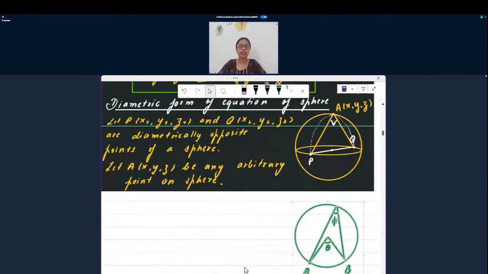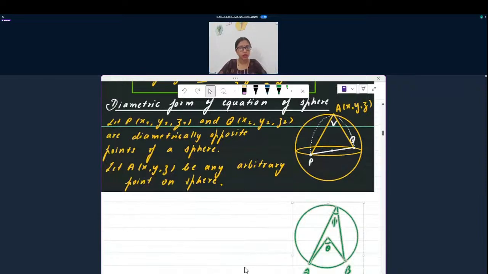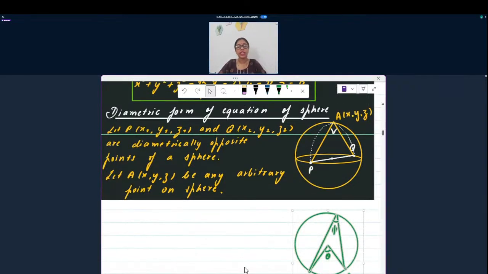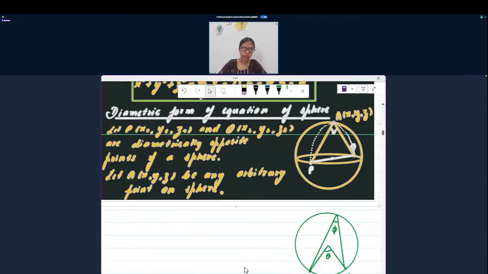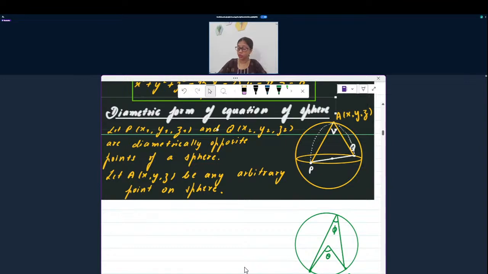So basically, the angle in the semicircle is 90 degrees, that we have to use. Instead of 4 points on the sphere, if I know only 2 points, but those 2 points should not be any 2 points, they should be diametrically opposite points, then those 2 points are enough to get me the equation of the sphere, right?